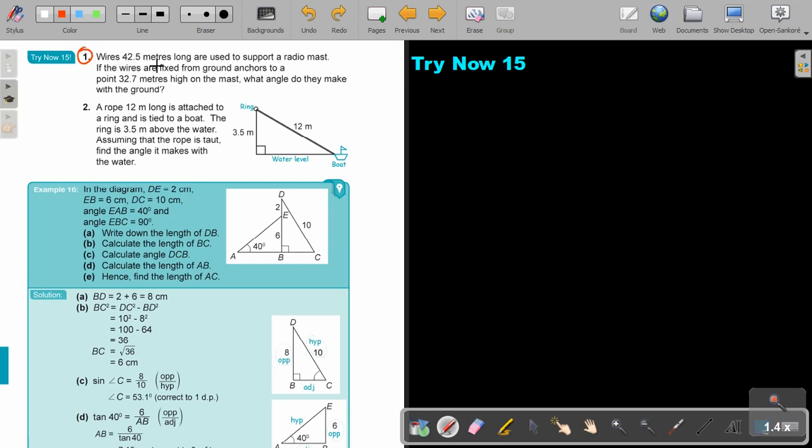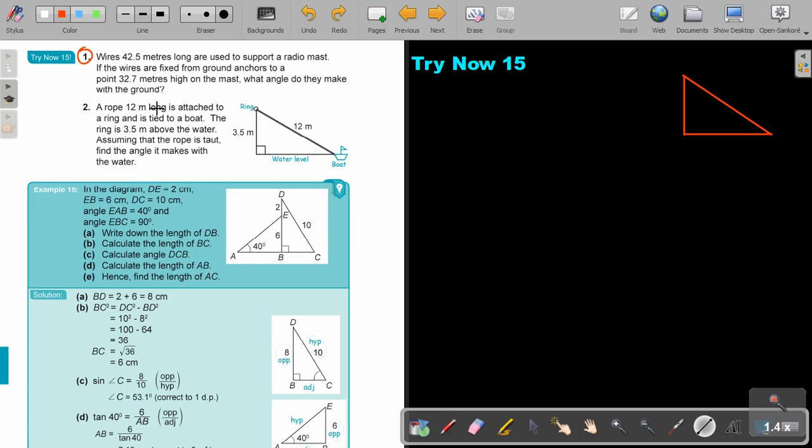Wires 4.2 meters long are used to support a radio mast. If the wires are fixed from the ground anchors to a point high on the mast, what angle do they make with the ground?